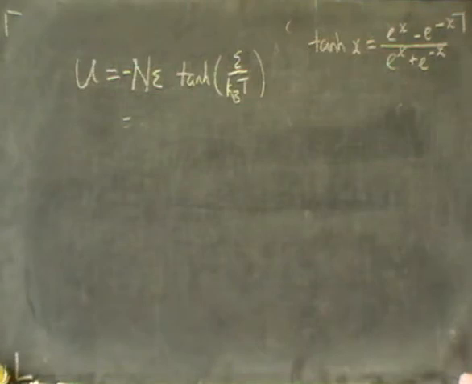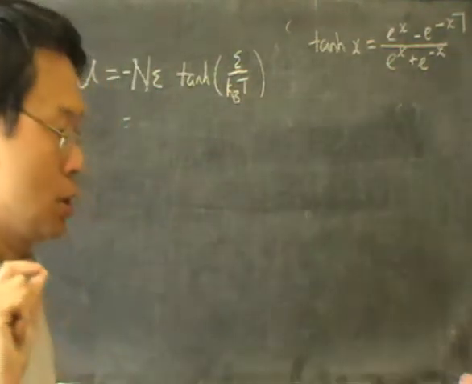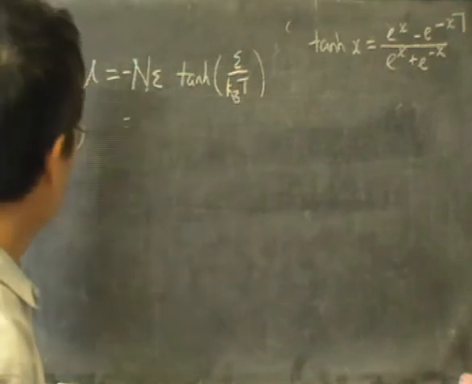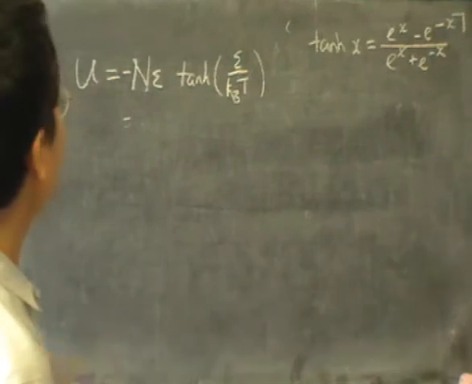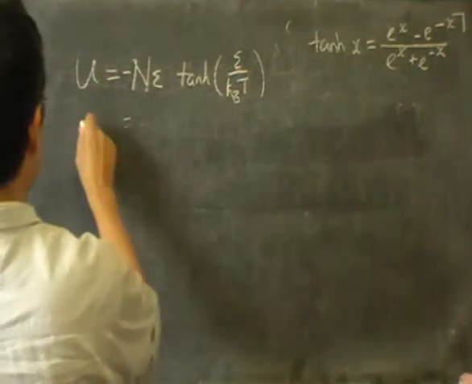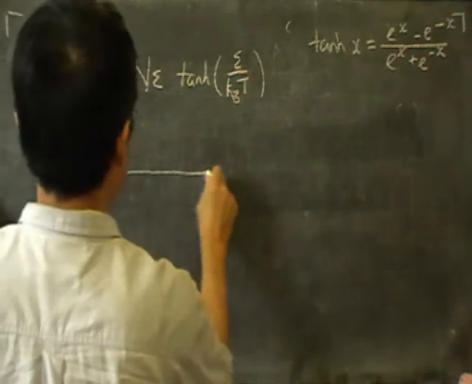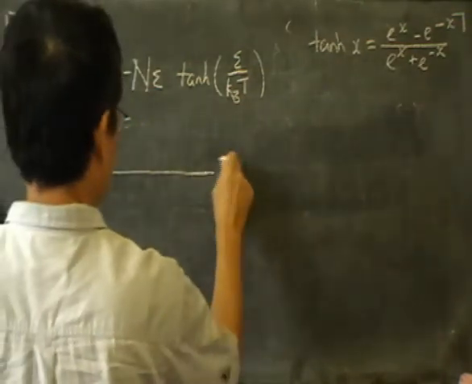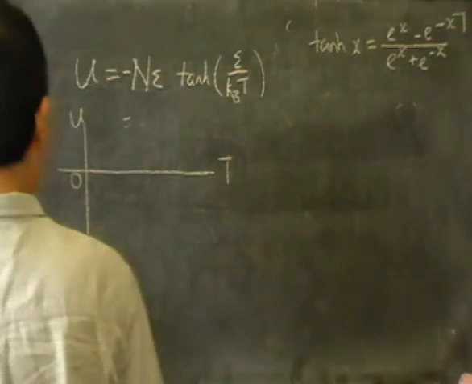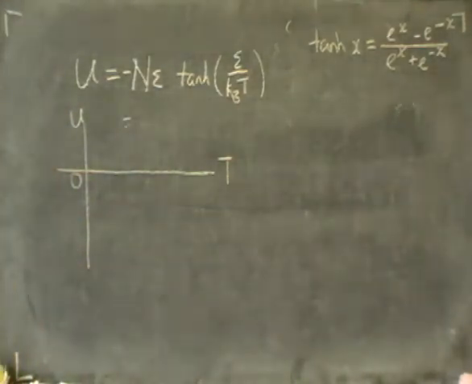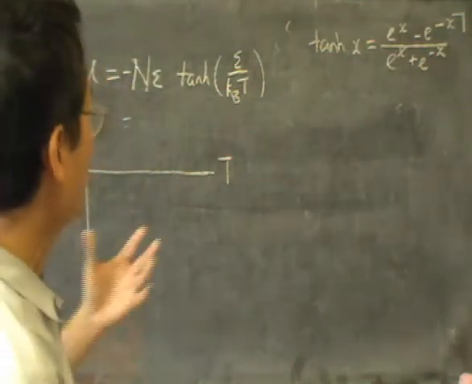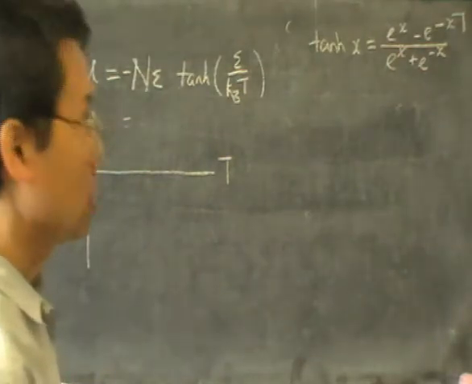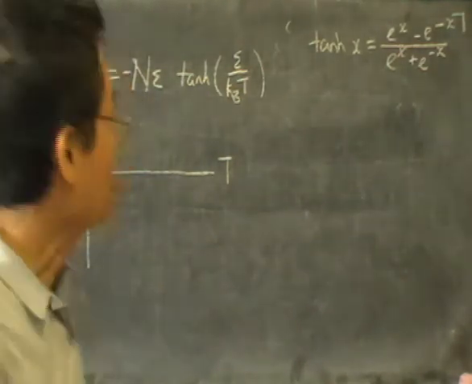So the next thing I'd like to do is to sketch a graph of total energy U against temperature T. U and that's T. In graph sketching, it helps if you are familiar with the shape of graphs for common functions.